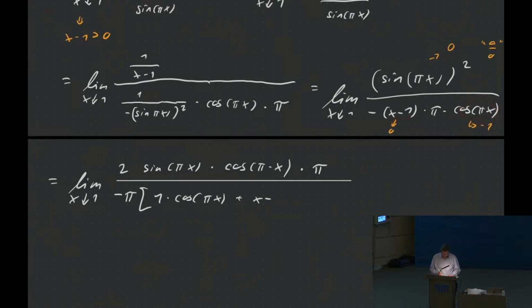So plus x minus 1 times, and now differentiating the cosine. The derivative of the cosine is the negative sine. So minus sine pi x. And again, we need to differentiate the argument, chain rule, so times pi. All right, that should be it, hopefully.